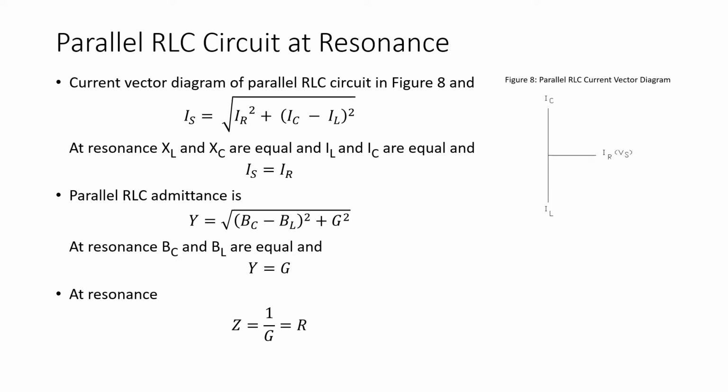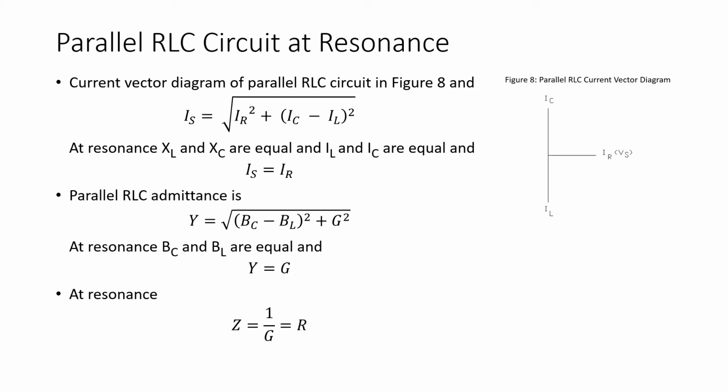Now, let's talk about parallel RLC circuits at resonance. Again, if at resonance X sub L equals X sub C, then IC and IL have to be equal. We recall from our discussion of parallel RLC circuits that the source current is the vector sum of IR, IC, and IL.